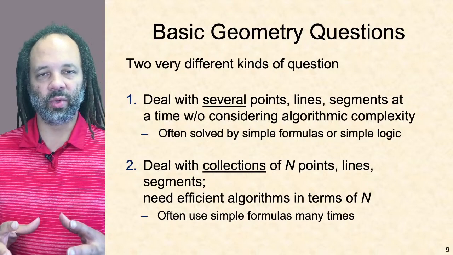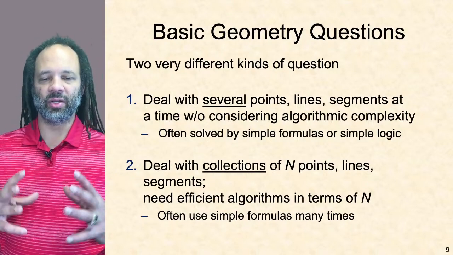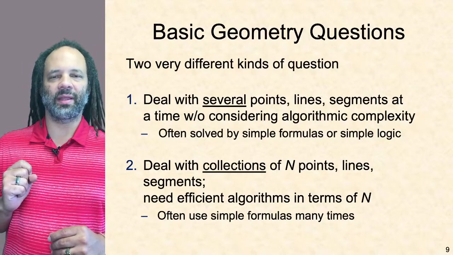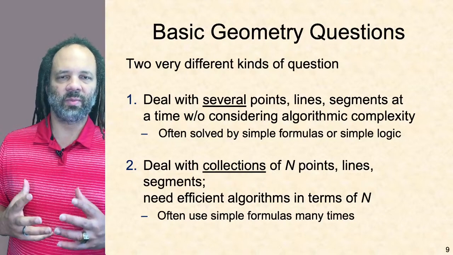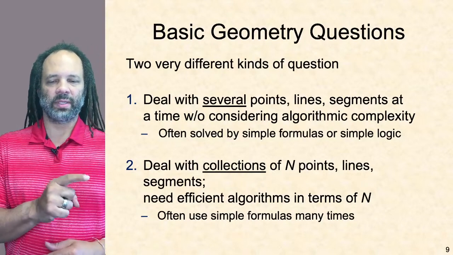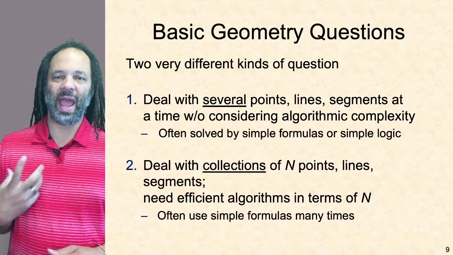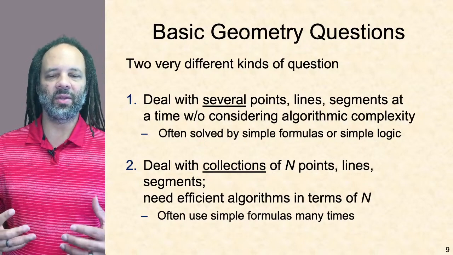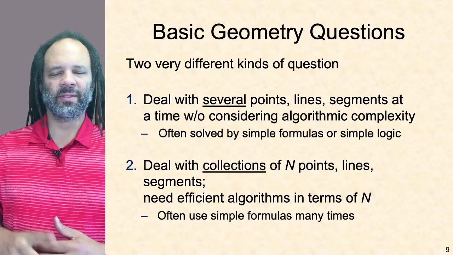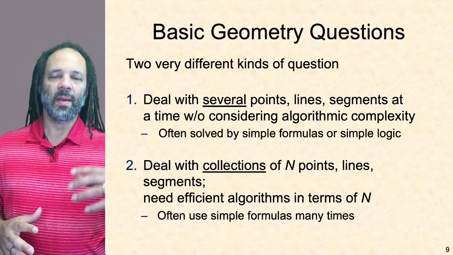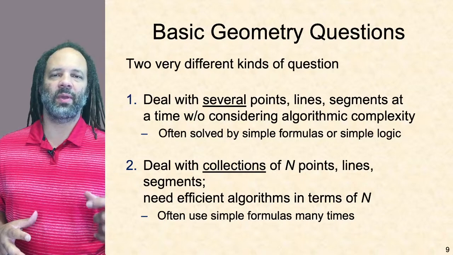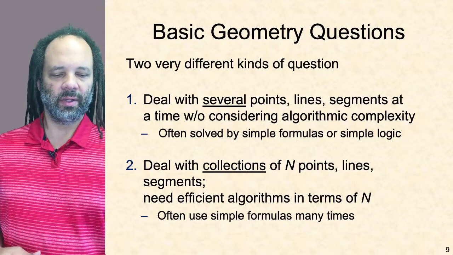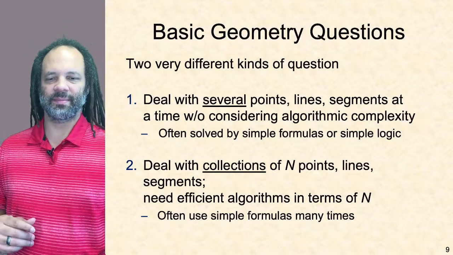And then in other situations, I'm dealing with really large collections, and here's where n really matters. I've got so many points and lines that I need to do this efficiently in terms of n. Sometimes we can use our simple formulas, but other times we're going to say, well, that's still too much work. I'm going to try to find a way to apply something with a little bit more finesse.